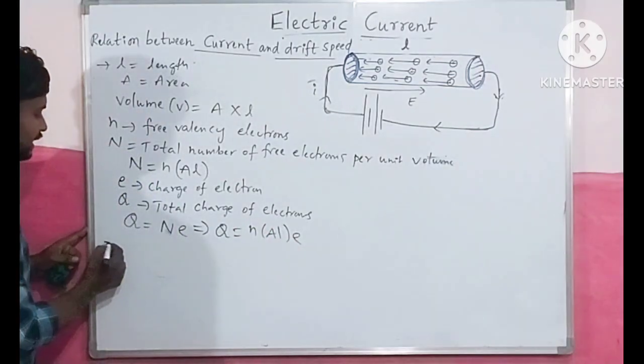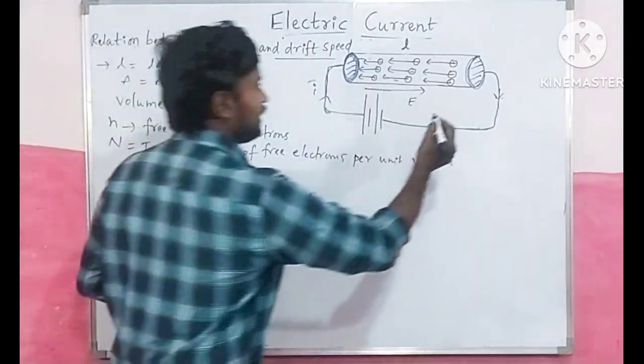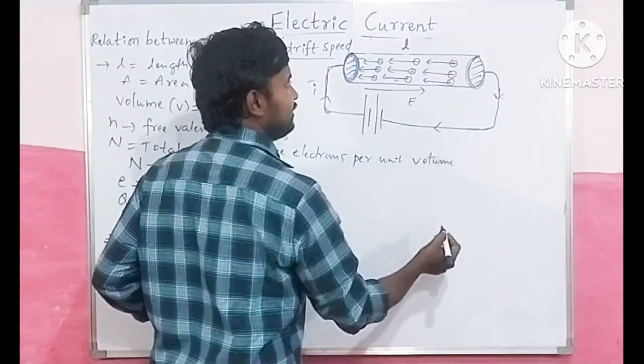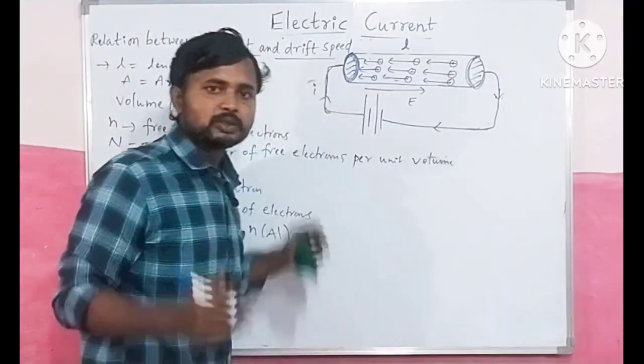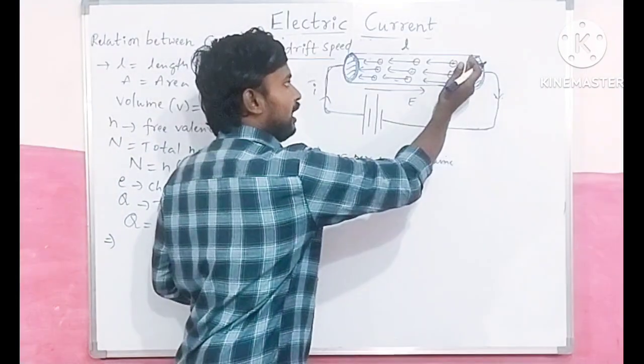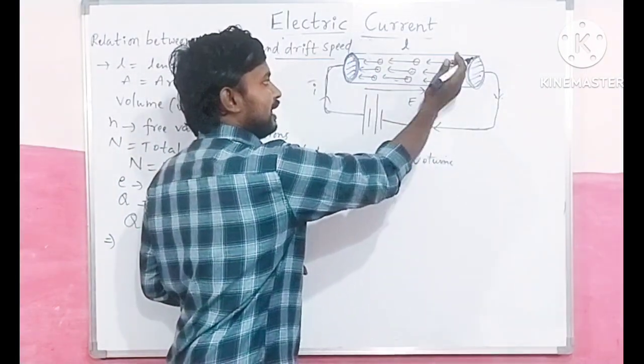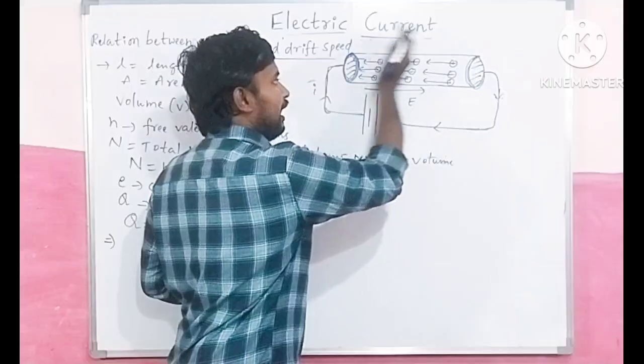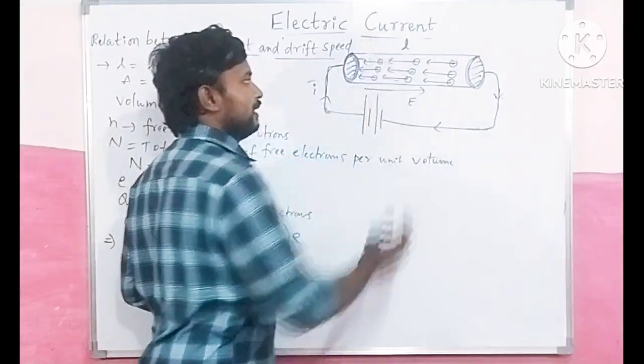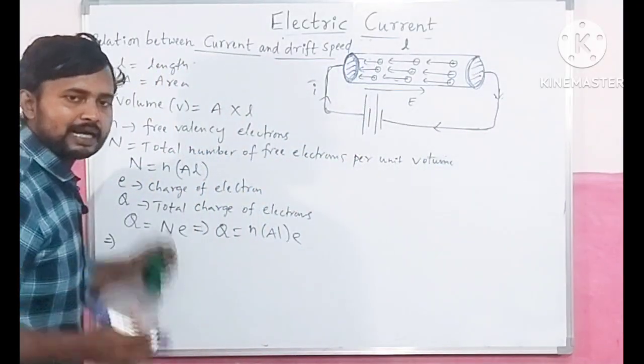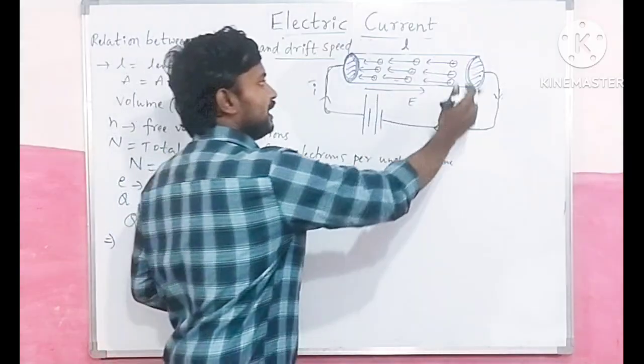For example, the electron is in this position. The time taken by an electron to move the length of the conductor from one end to the other end is called the time taken.